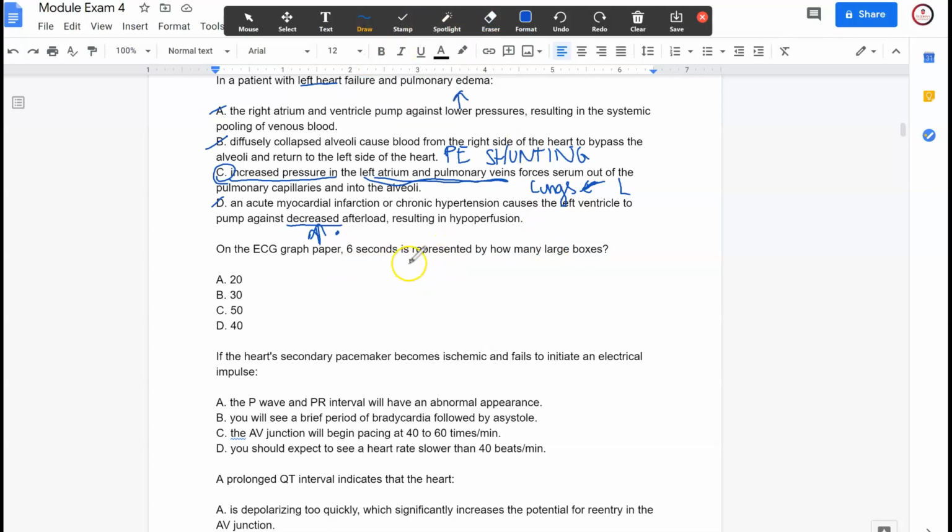You want to know how many boxes is 6 seconds, so 6 equals 0.2x. You're going to divide 6 by 0.2.